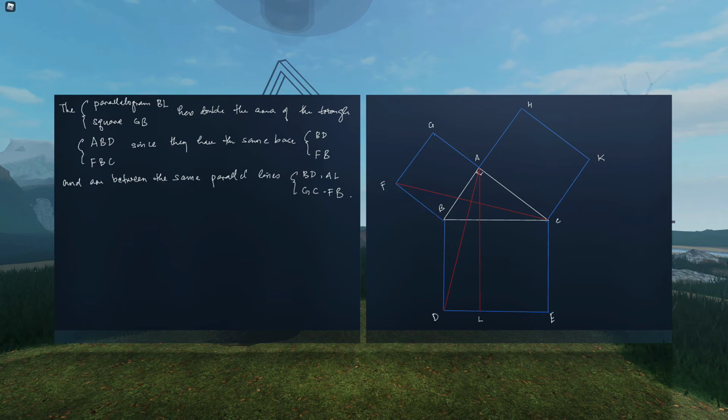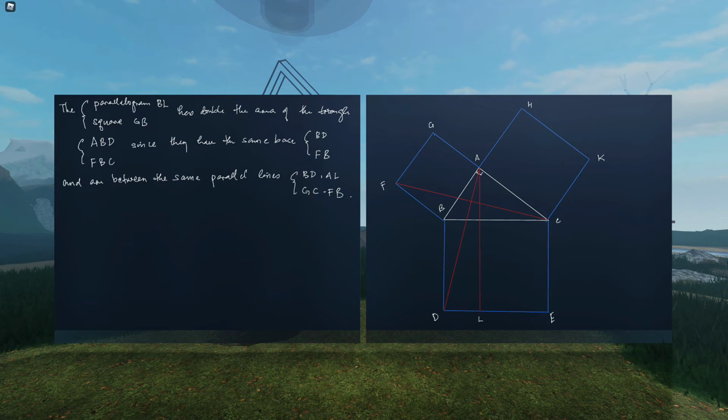And the parallel lines we're talking about are at GC, which is this line here. Remember, we proved that this is actually a line, not just two line segments stuck together. So we can say that GC is a line parallel to FB. And so therefore that square has twice the area of this triangle.